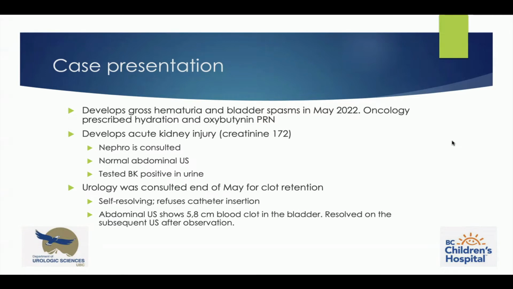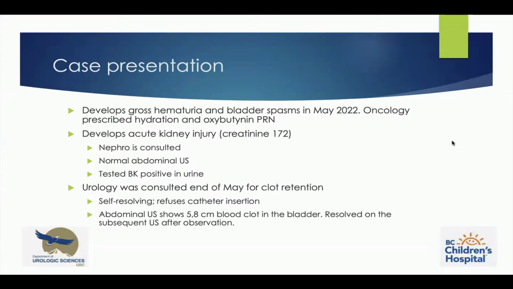So nephrology was consulted, an abdominal ultrasound was done, which was normal, and he tested positive for BK virus in his urine. So urology was consulted end of May for clot retention. At first, the patient refused catheter insertion and the clots were self-resolving.